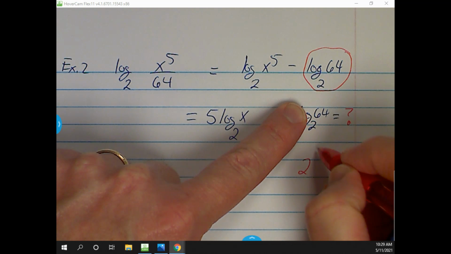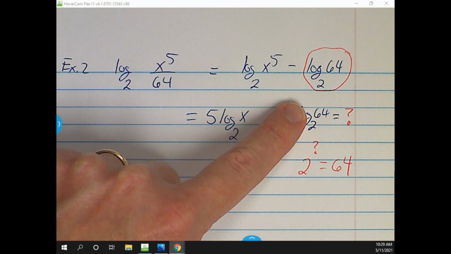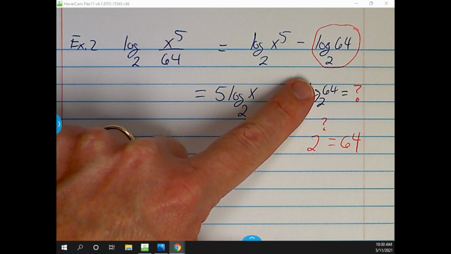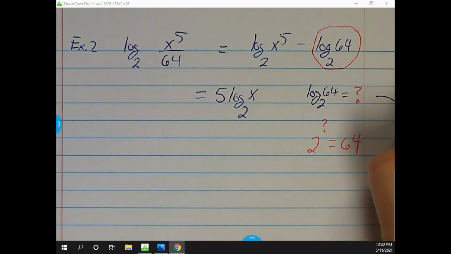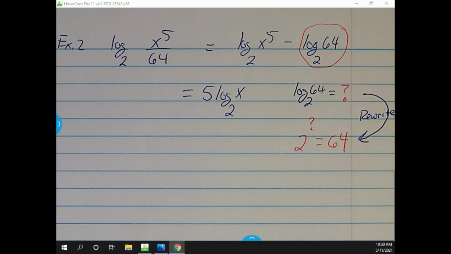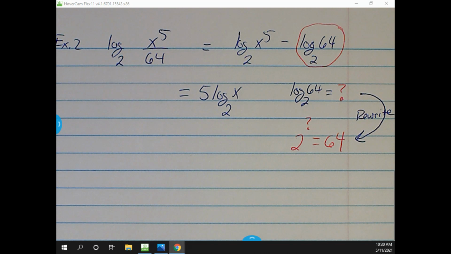So it's 2 to what power equals 64? Okay. Again, we're going to go back and rewrite it so we can figure this thing out. All right. Now, if you go through your powers of 2, we'll do that on the side over here.